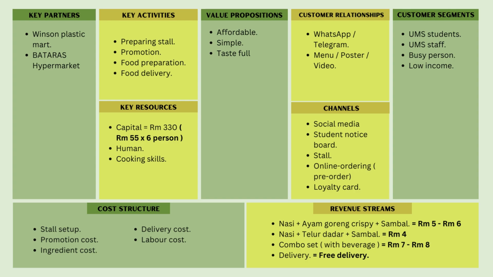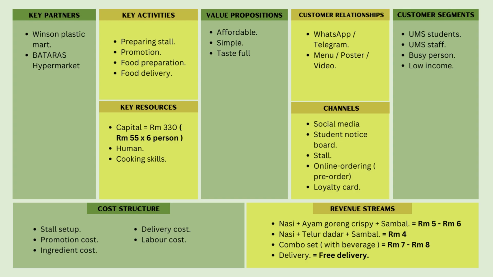Key resources. All of us have agreed we spend around 55 ringgit of each group member as our first capital. Next, human resources, which is all of us that will do this business together, and cooking skills are required too. The value propositions, we look at the problem and try to solve it by serving the most affordable price possible to the customer.